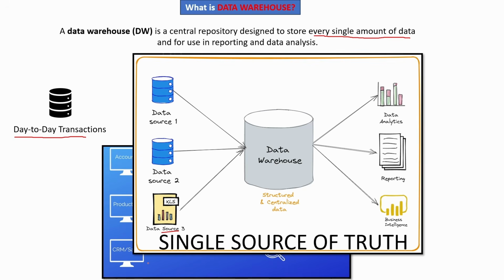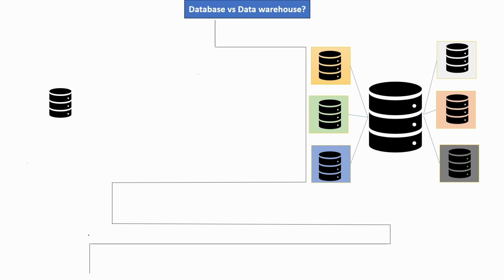Now let's take one more step and understand the difference between database and data warehouse. As now we know that a database is more like handling your day-to-day transactions, and the data warehouse is a single source of truth to store every single bit of data from multiple resources like A, B, C, D, E, right?